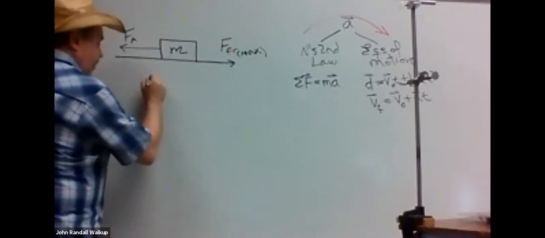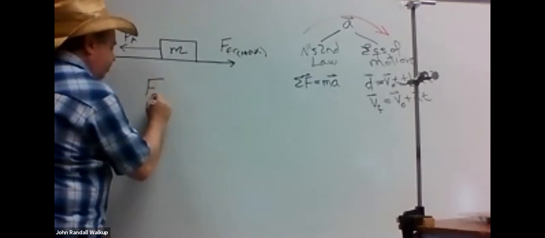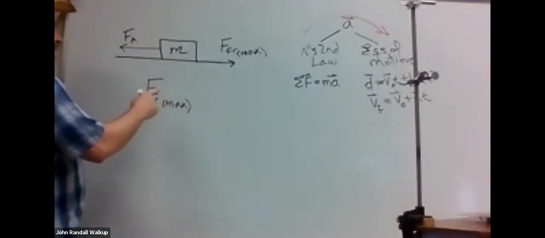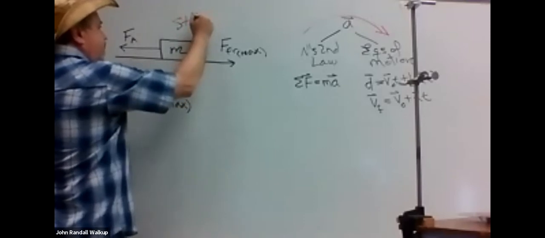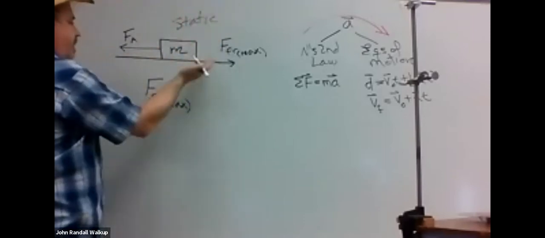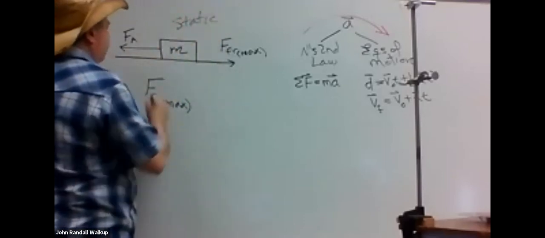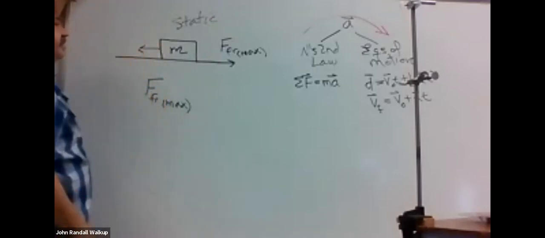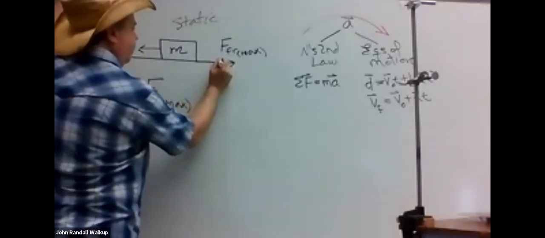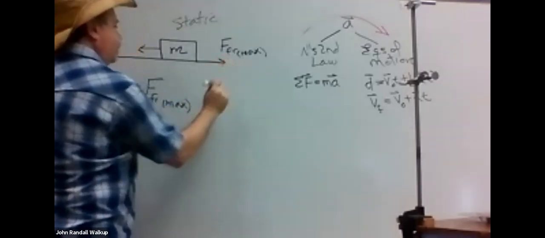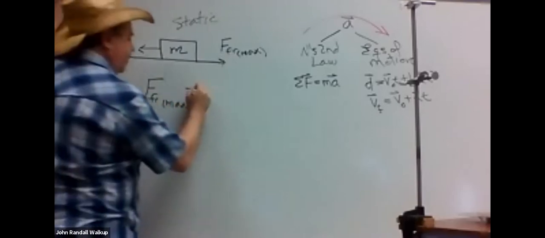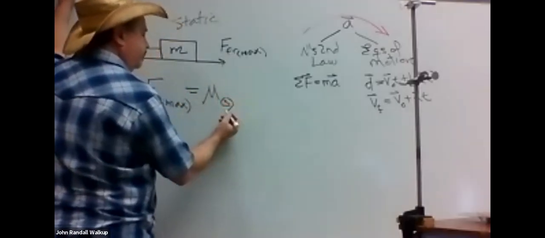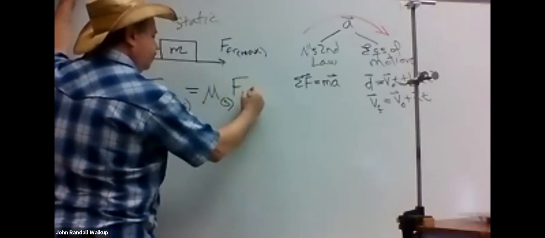Well, I'll go ahead and just tell you. The maximum value of the force of friction that this can take on in the static case, this is static, this is not accelerating across your view, is given by the coefficient of static friction times the normal force.